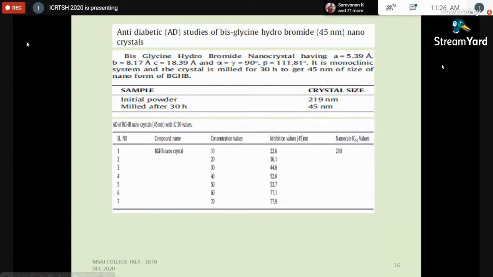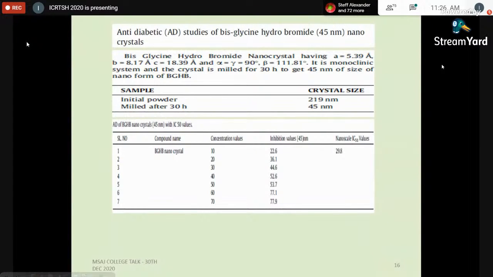Further, after milling for more than 1 day, we get around 45 nanometers. We use the 45 nanometer sample directly because we have glycine compared to the bromide. Glycine has an anti-diabetic effect, tested using alpha amylase. We checked both macro and nanoscale, and we are reporting only the nanoscale here.